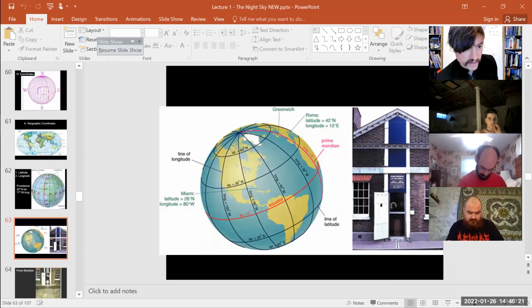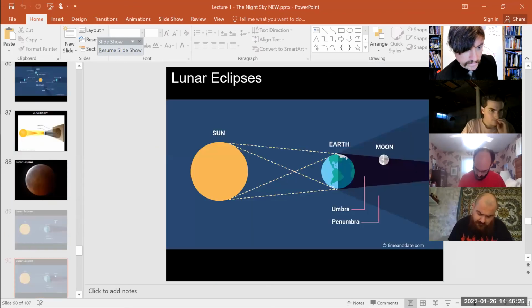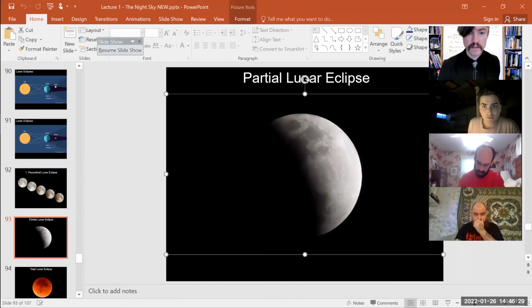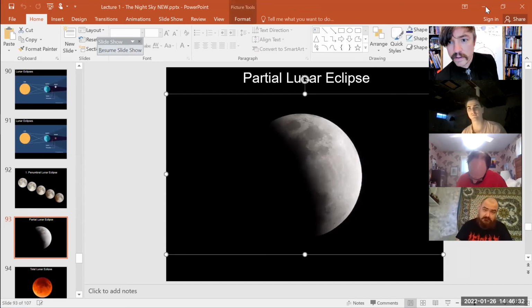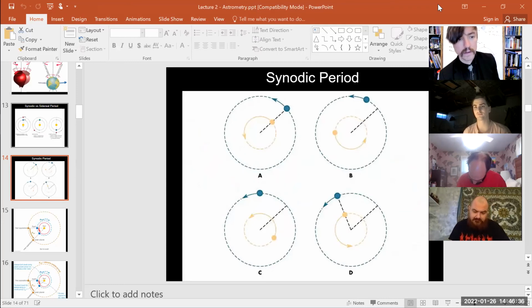Look up the definition of right ascension, please. Right ascension is hours east of the spring equinox.